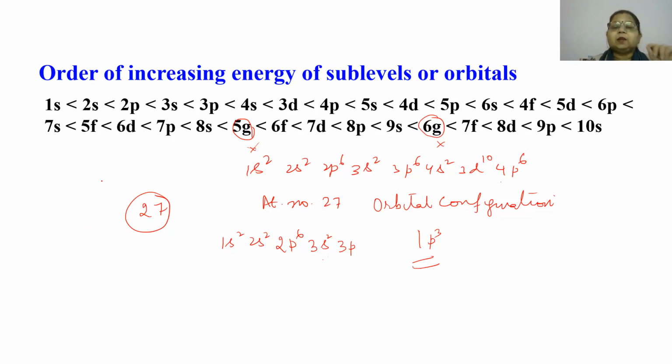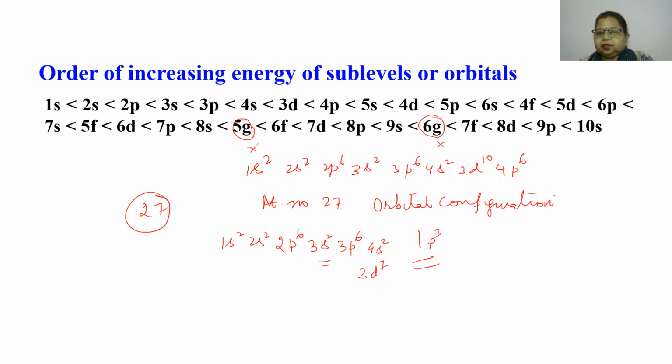Dear student, please complete what you were saying. 1s2, 2s2, 2p6, 3s2, and after that? What should I write after 3s2? 3p6, ma'am. Okay, 3p6, right? Then? 4s2, ma'am. Correct. Then? 3d7. Correct.